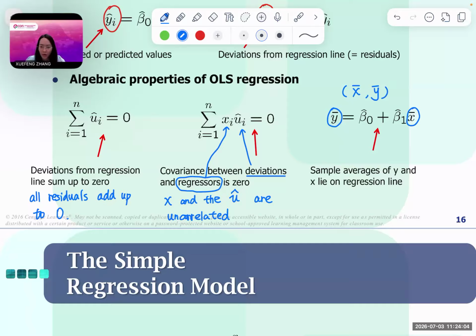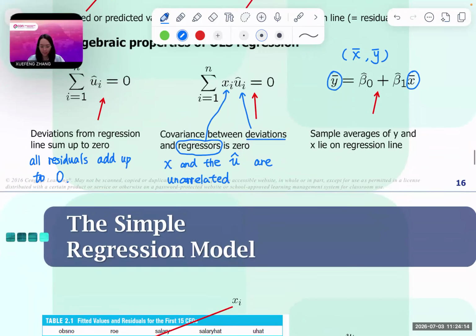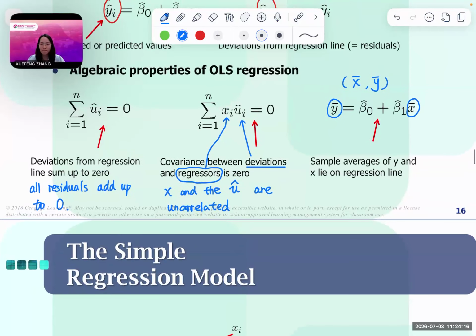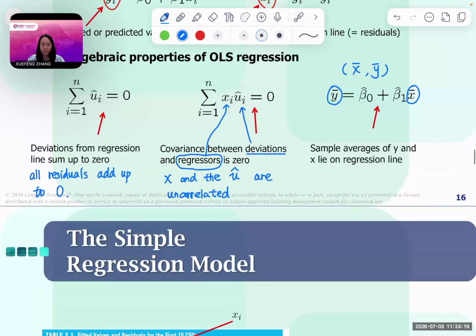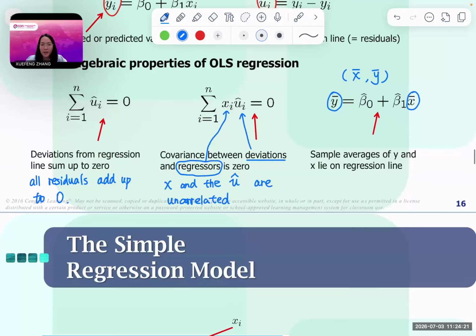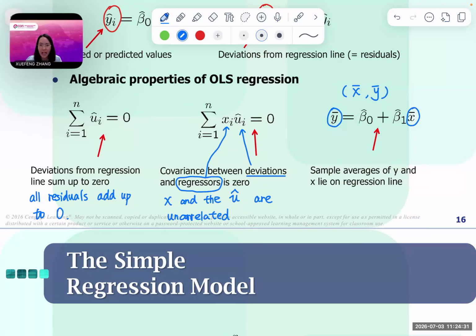Or the OLS line always goes through the center of your data, always. These three properties are not assumptions, okay? So remember, they are not assumptions. They are mathematically guaranteed. Every time you run OLS, the line is always balanced, always centered.